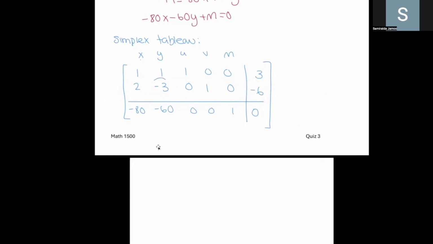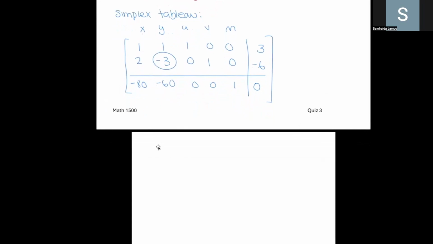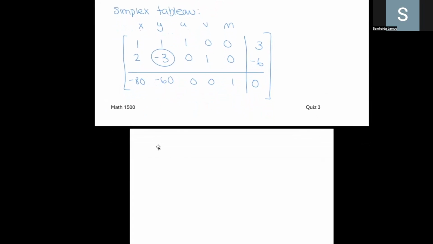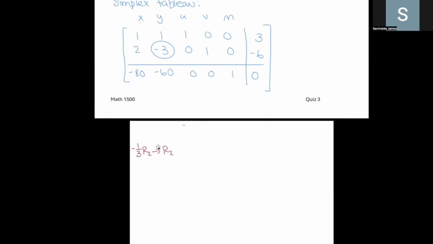So let's circle that. That's what I'm going to pivot, meaning I am turning that into a 1. So to turn that into a 1, I will multiply that entire row by negative 1 over 3. So negative 1 over 3, row 2 into row 2. Rows 1 and 3 stay the same, so I'm going to copy those down.